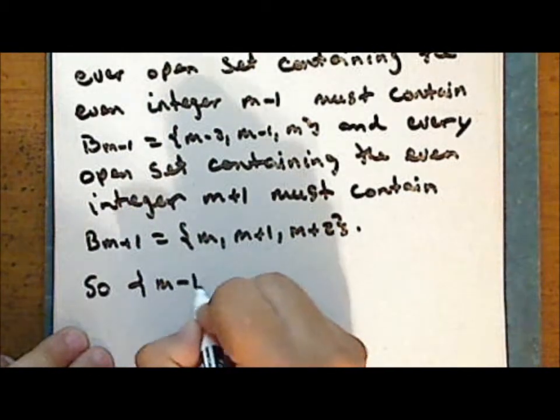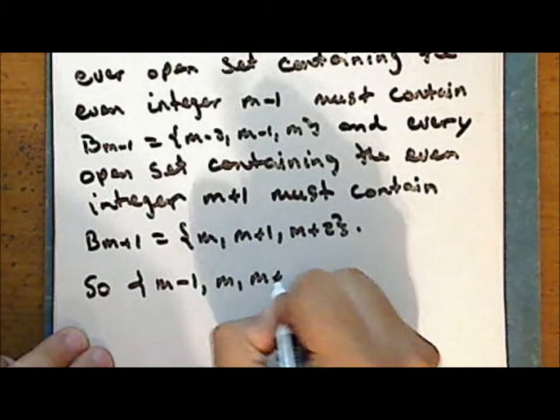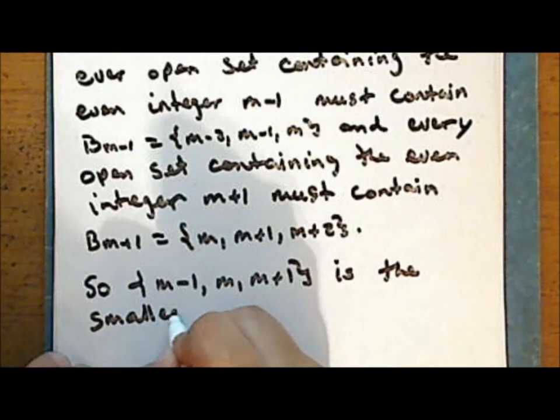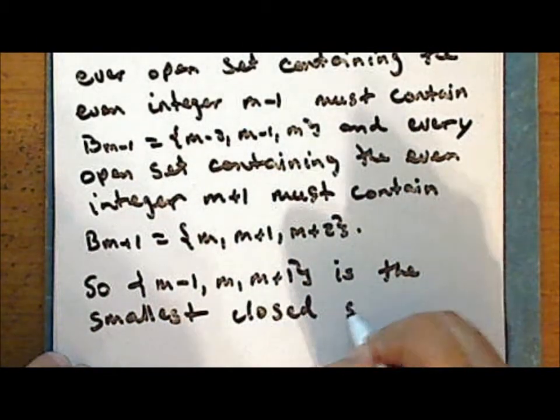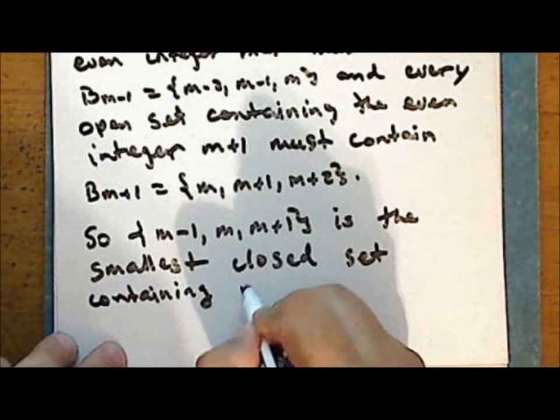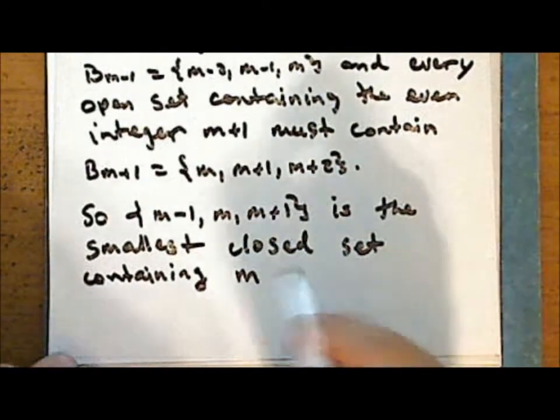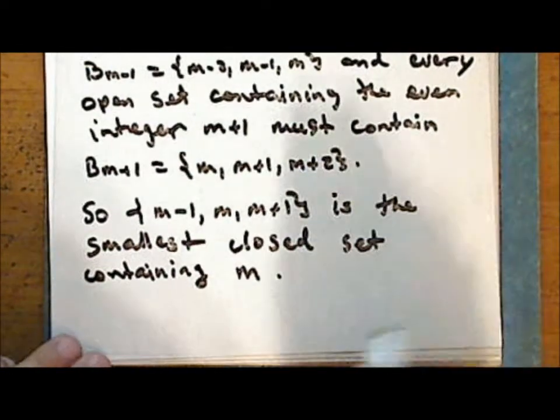And so the 3-point set m minus 1, m, m plus 1 is the smallest closed set containing the odd integer m, and so has as a subset the singleton containing that odd integer m.